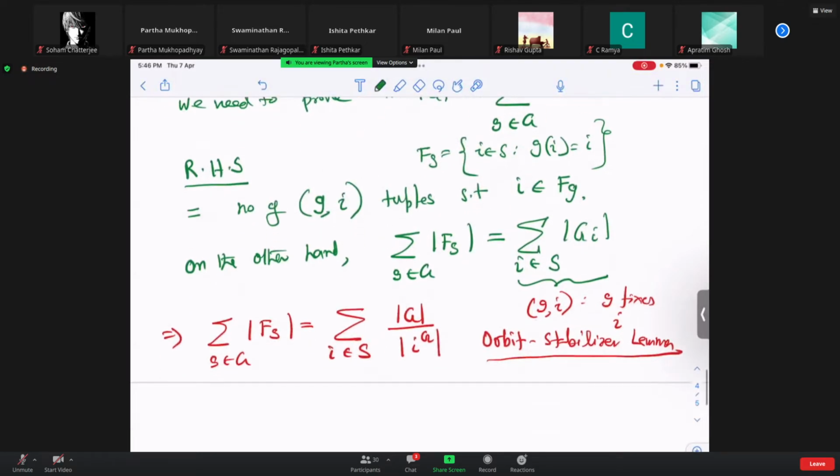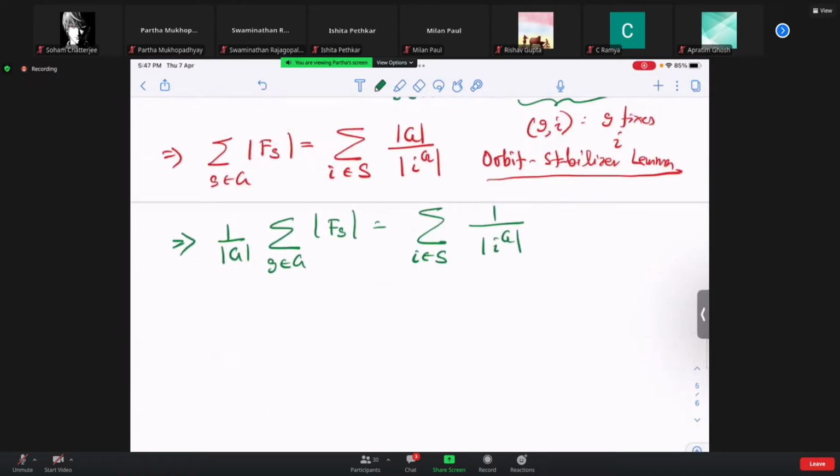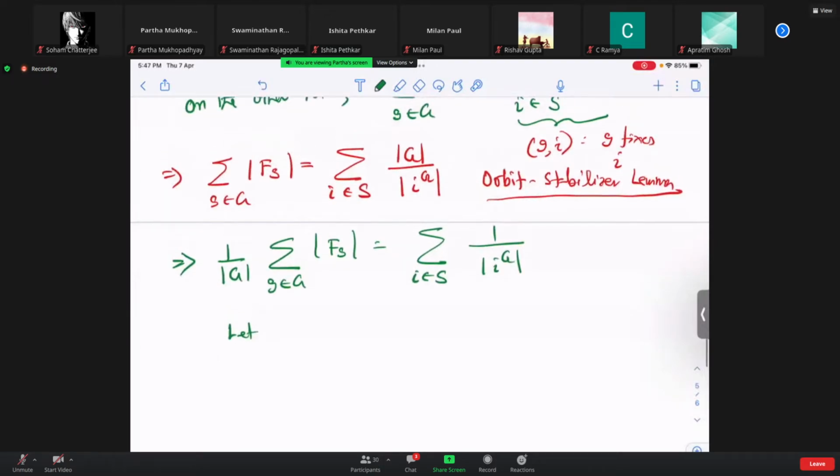But now just divide both sides by |G|. But so now this inverse term I have to estimate, right? But this is very easy. How do you estimate it?